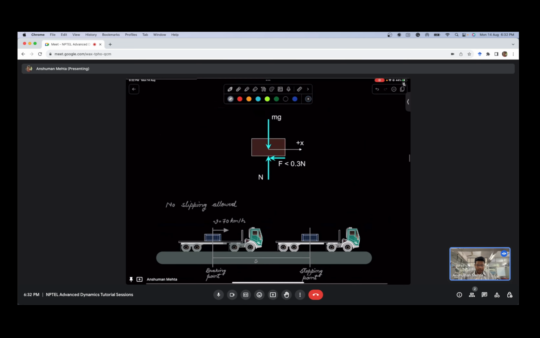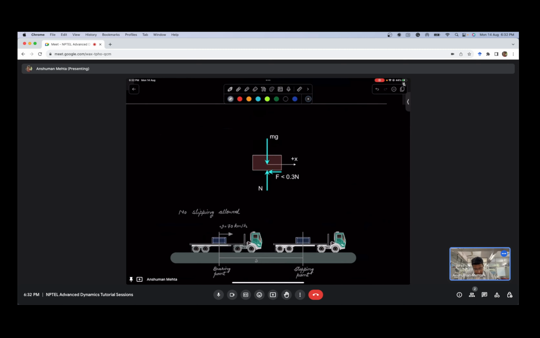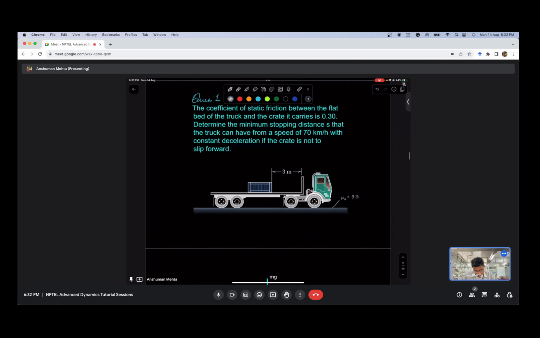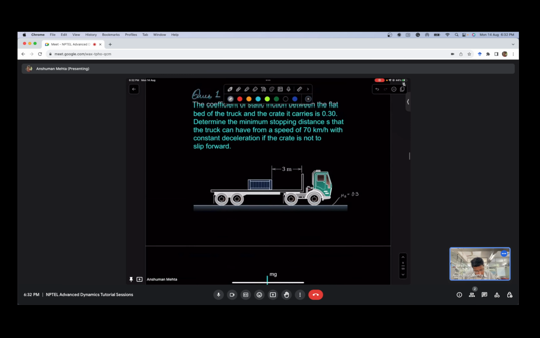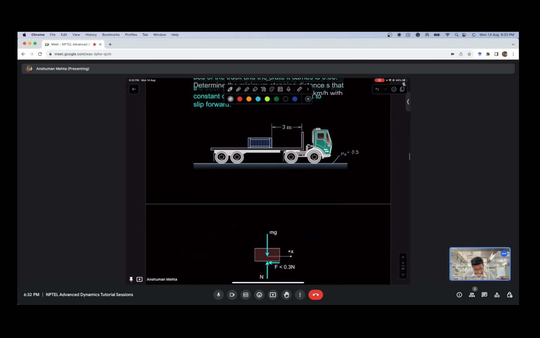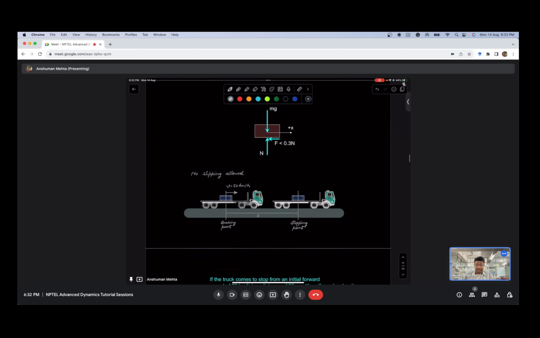So we generally take g as 10 and mass of the truck is 10.